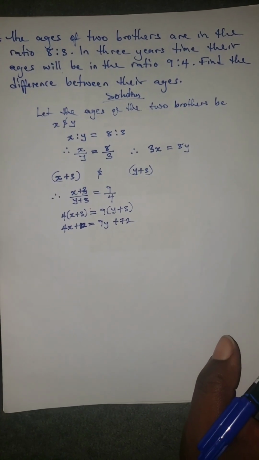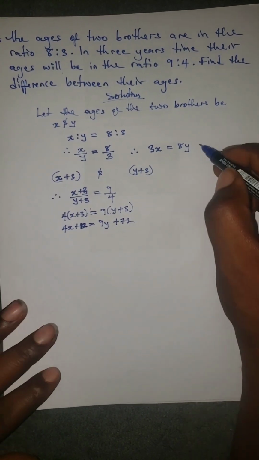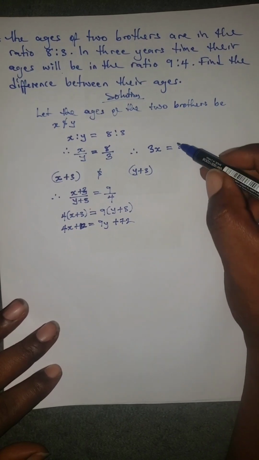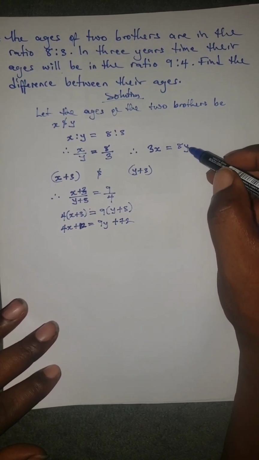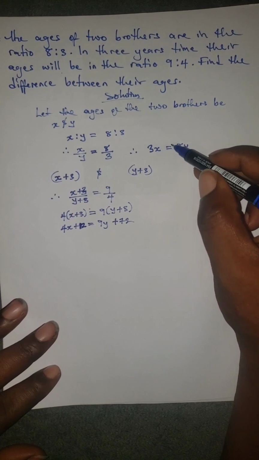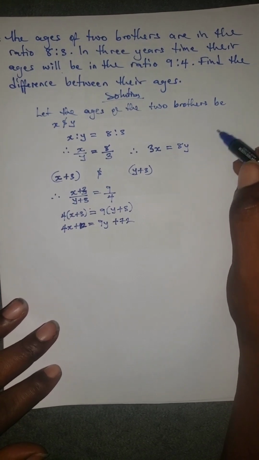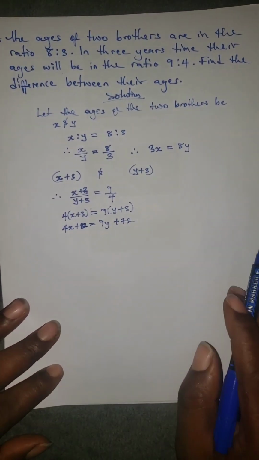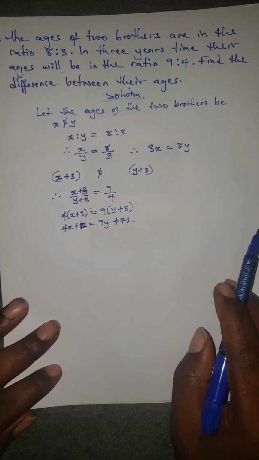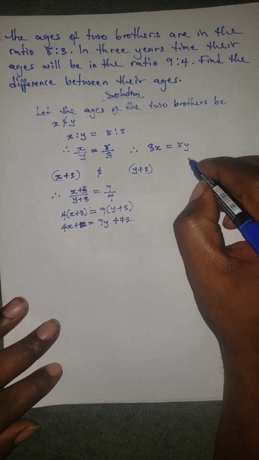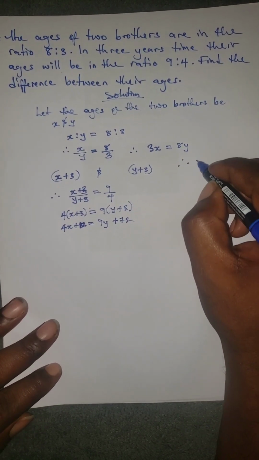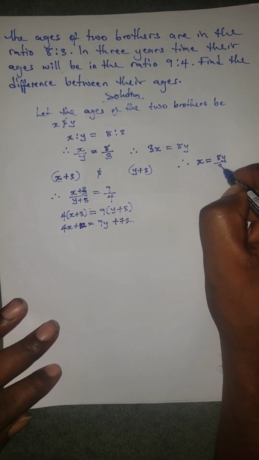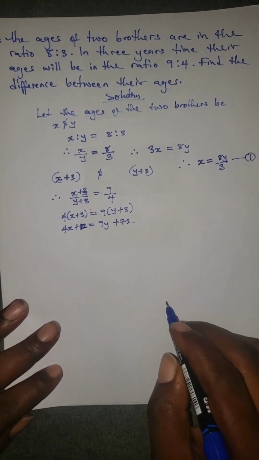So from here, it depends on how we want to solve. You can bring this one in and have it as 3x minus 8y equal to 0, so that you can easily solve with this. You can as well say that therefore x equals 8y over 3. You can call that your equation 1.